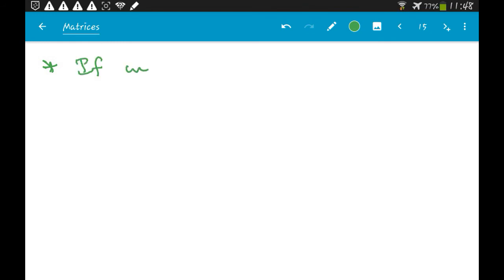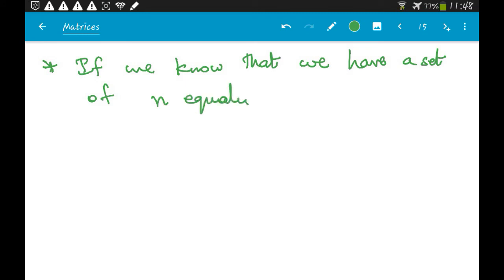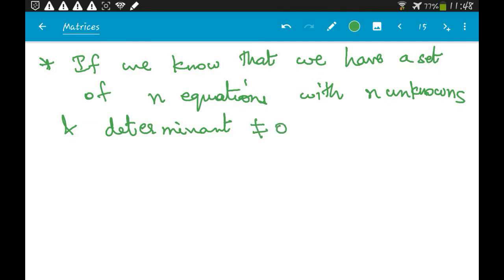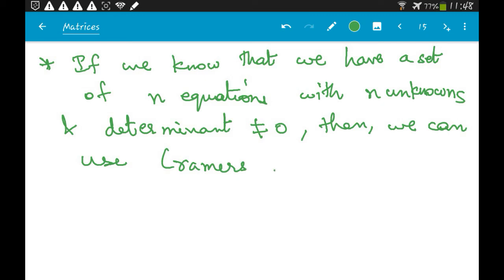Okay, so if we know that we have a set of n equations with n unknowns, and the determinant is not equal to 0, then we can use Cramer's rule to find the solutions.